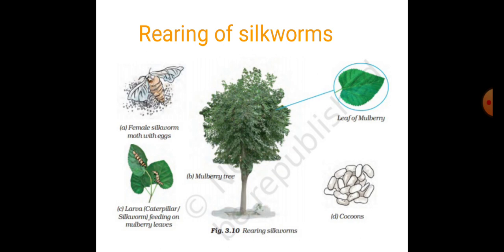After 25 to 30 days, silkworms stop eating and move to a tiny chamber of bamboo in the tray to spin cocoons. Small racks or twigs are provided in the trays to which cocoons get attached.